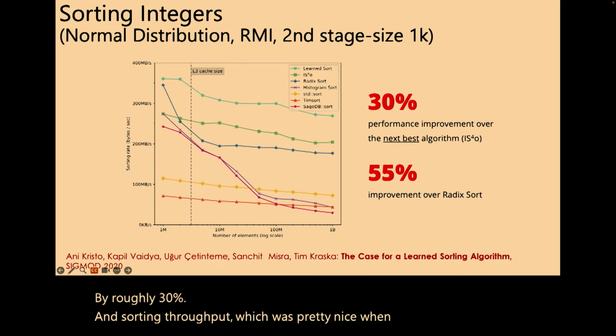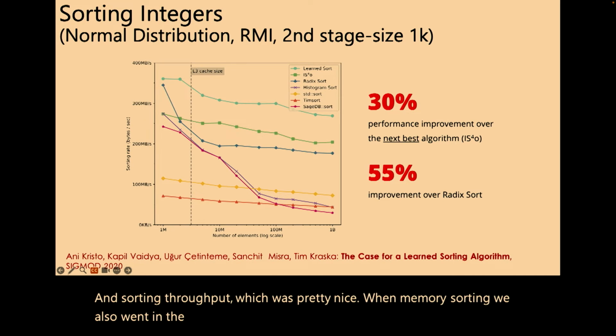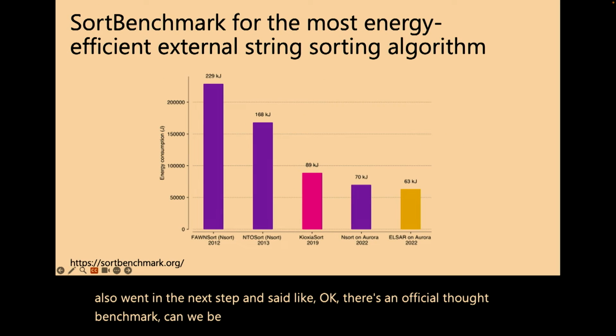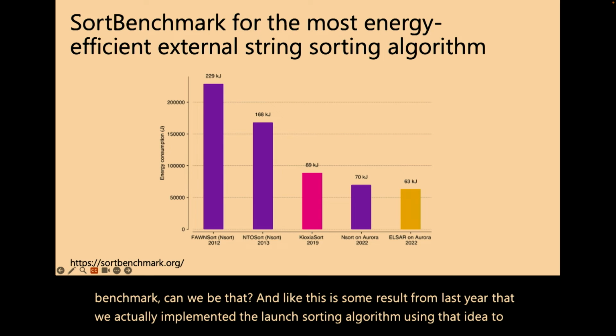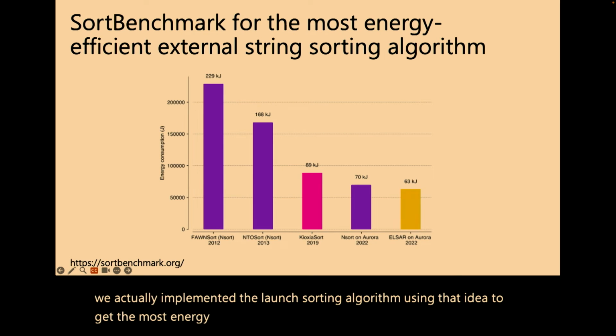We also went to the next step and said, okay, there's an official sort benchmark. Can we beat that? This is some result from last year where we implemented the learned sorting algorithm using that idea to get the most energy-efficient sorting available right now, according to the sort benchmarking website.